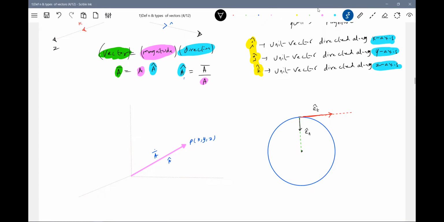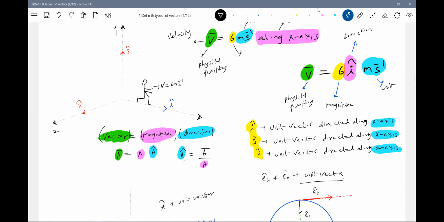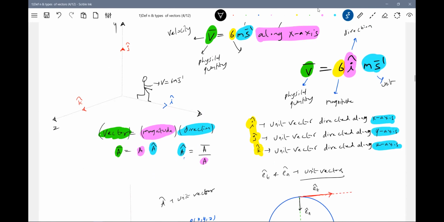Et cap and En cap are unit vectors. So here A cap is a unit vector. The unit vectors specifically along X, Y, Z become I cap, J cap, K cap.